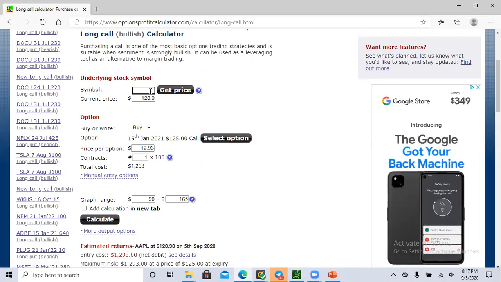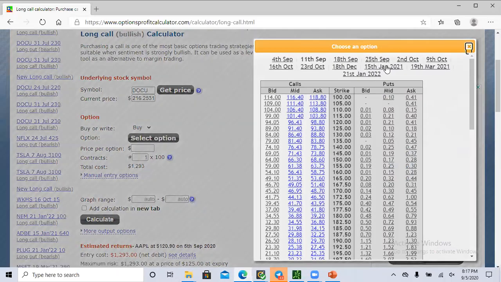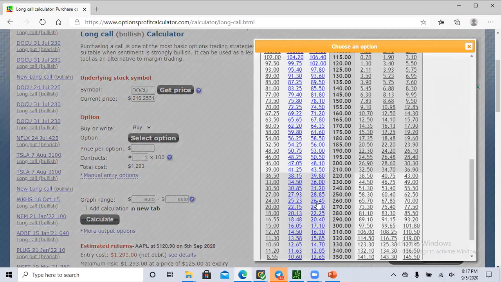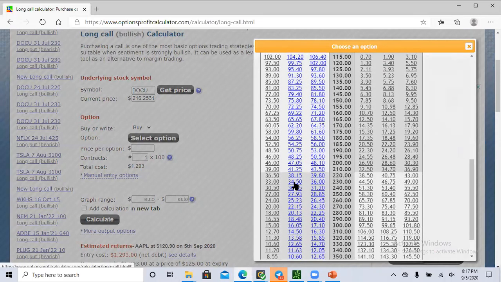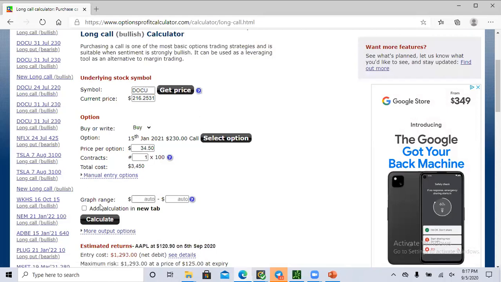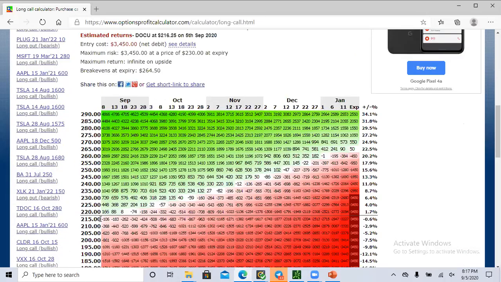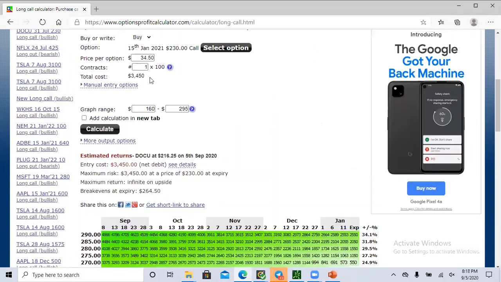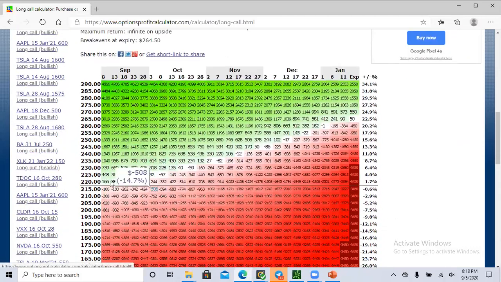Let's look at, so what was that, 230? So 230 is right here.